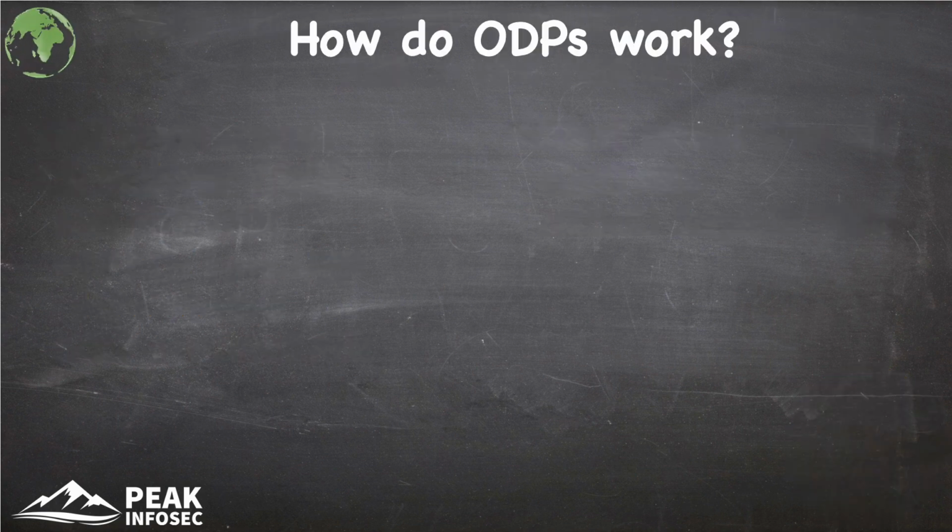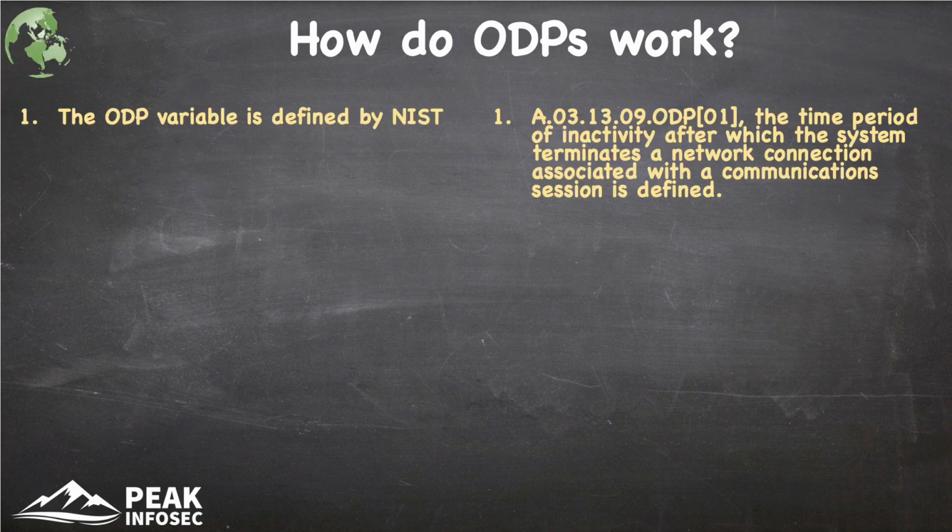But how do ODPs work? All right, let's walk through this, and this will really help you understand the way ODPs work. At first, an ODP is that variable that's going to be defined by NIST. On the left column, you see what they need to do. On the right column, you see the definition, and this is coming out of 03.13.09 in 800-171 Rev 3 for network disconnection.